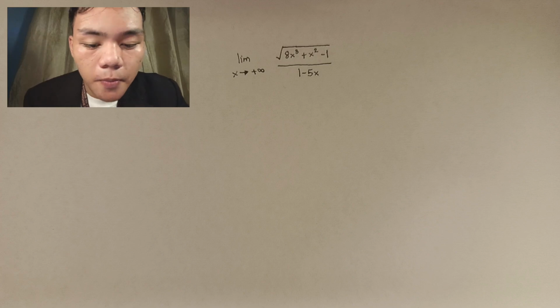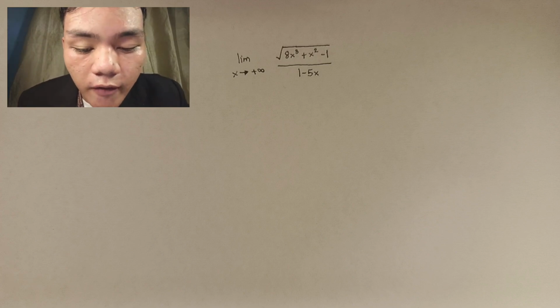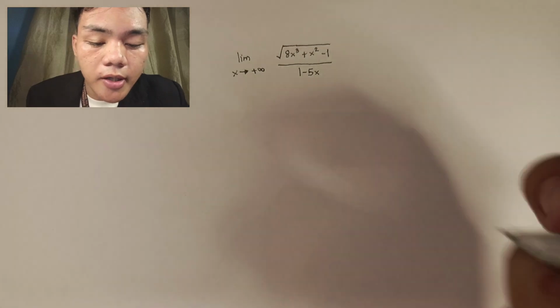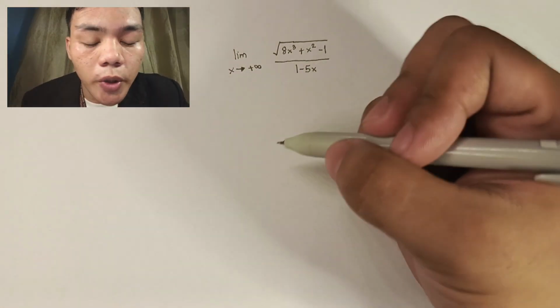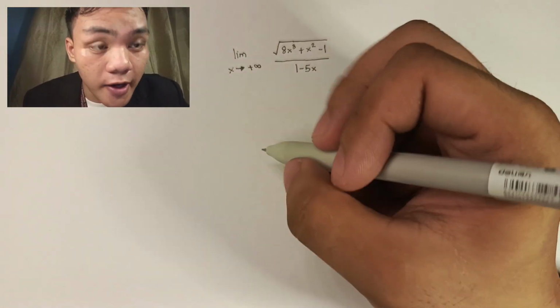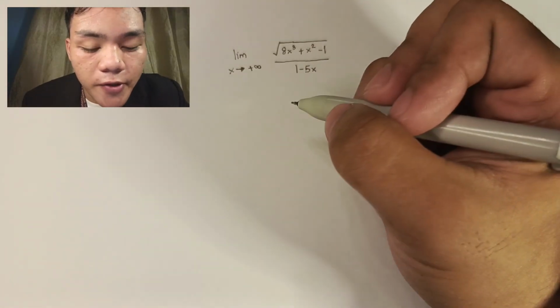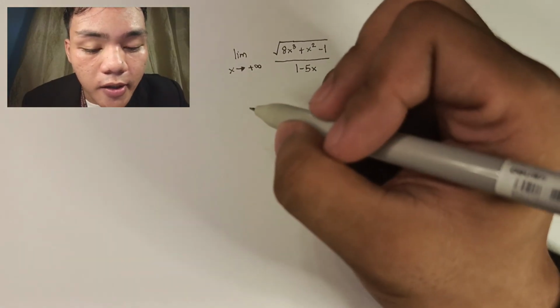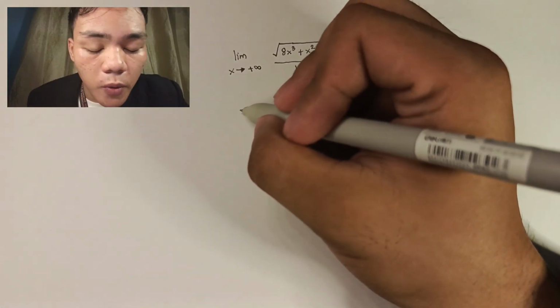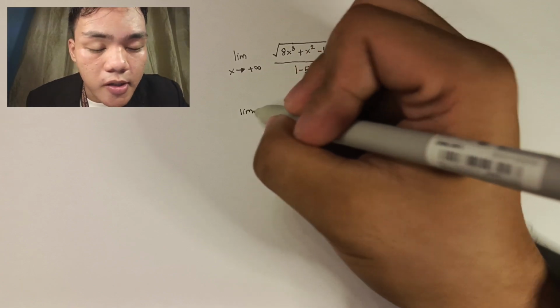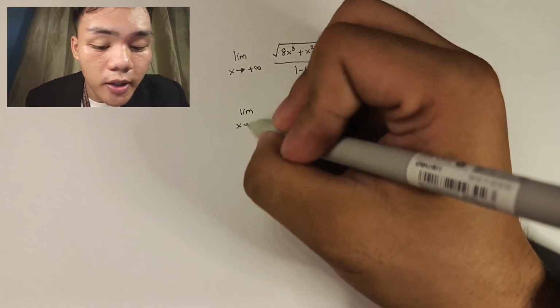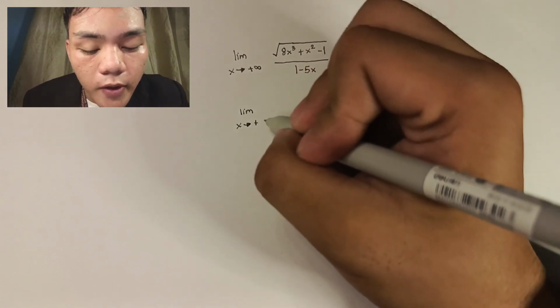Now for the next example, let's try a little bit harder. We have the limit of cube root of 8x cubed plus x squared minus 1 over 1 minus 5x. As for the first step, as always, we'll find the variable with the highest degree, which is the x cubed. So we'll put that x cubed as our denominator.